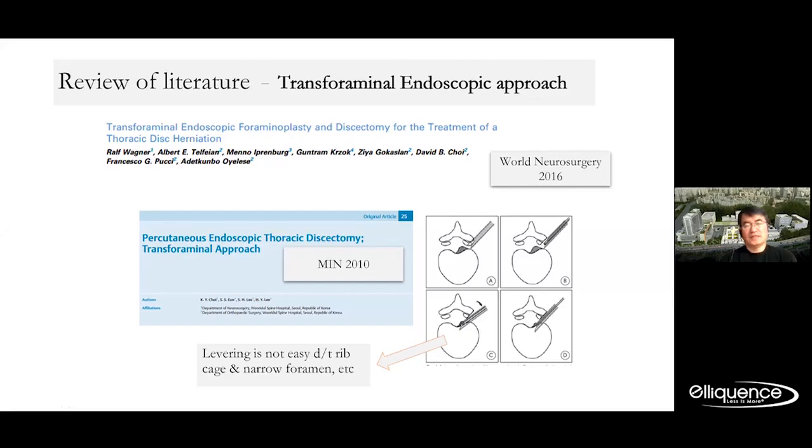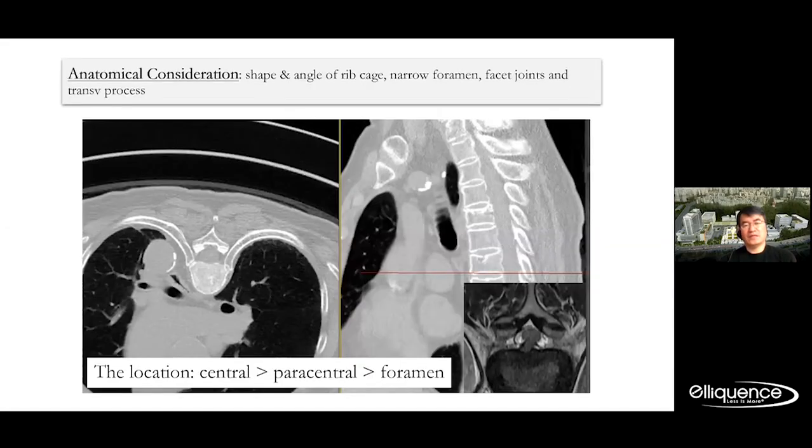You can see the figures, but I'd like to share my opinion on the limitation of the transforaminal approach: why the transforaminal endoscopic discectomy in the thoracic disc herniation has just a couple of papers yet.